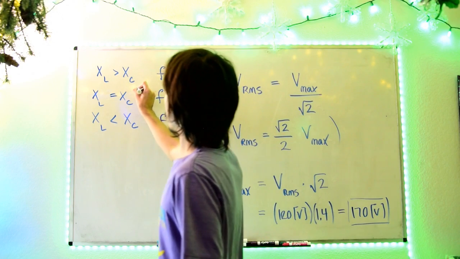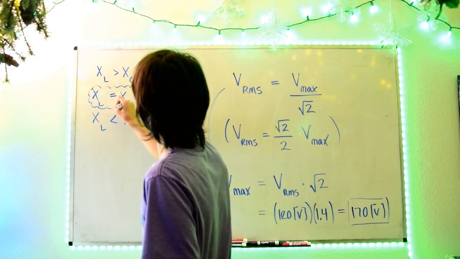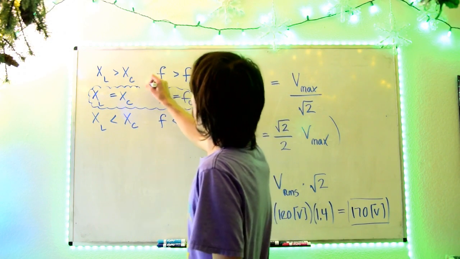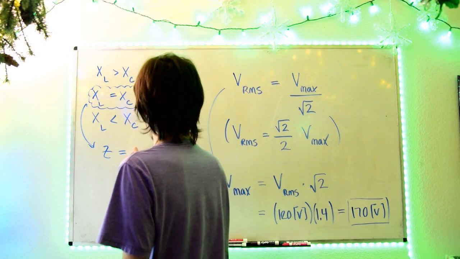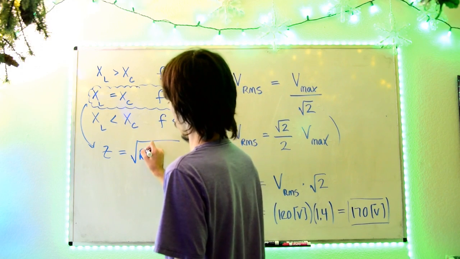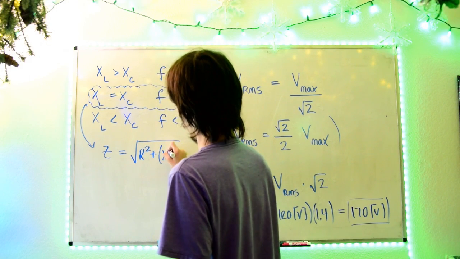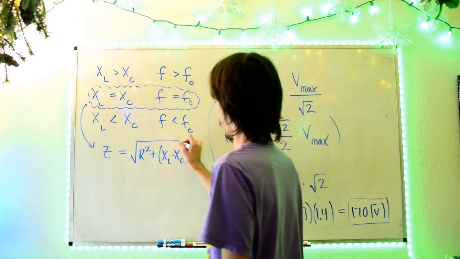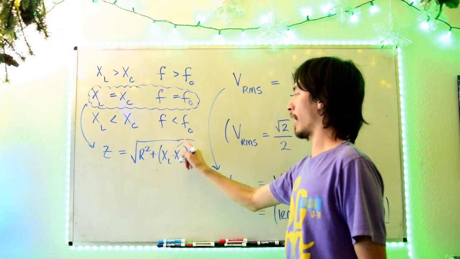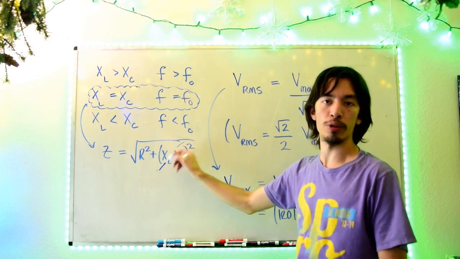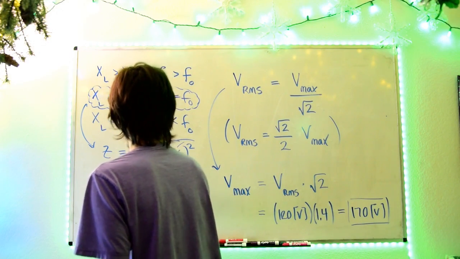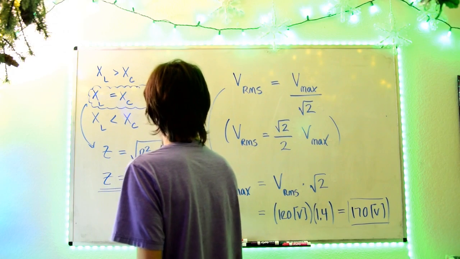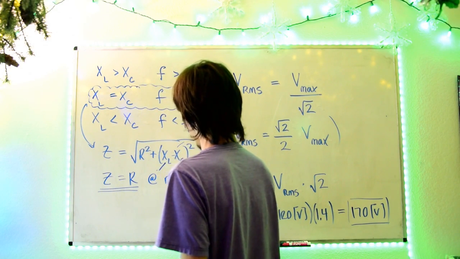But when you do this one, the resonance frequency, you should also know that the impedance, which equals this, will actually just cancel out this term because they're equal to each other at resonance. So that means the impedance is equal to the resistance at resonance.